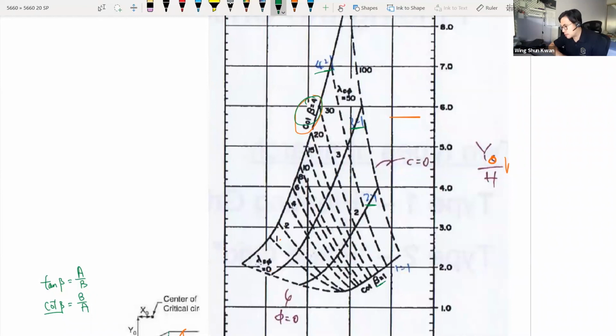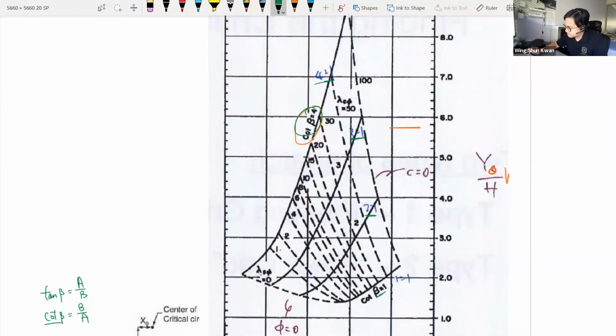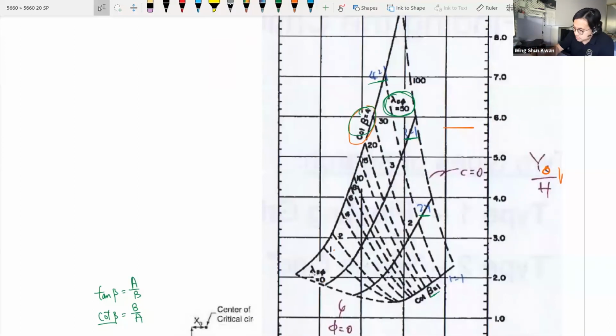So this method gives you the grid to start from. Again, actually the dashed line is more than the friction angle. It gives you those parameters, lambda.